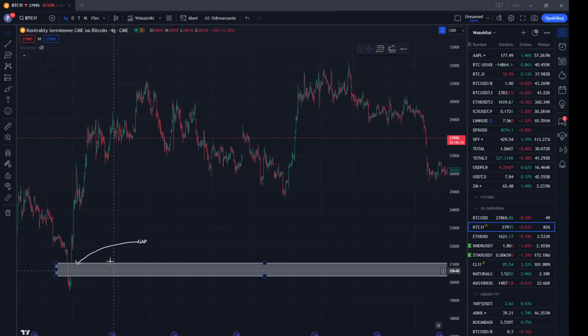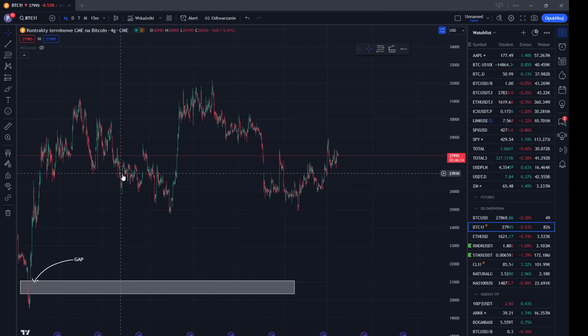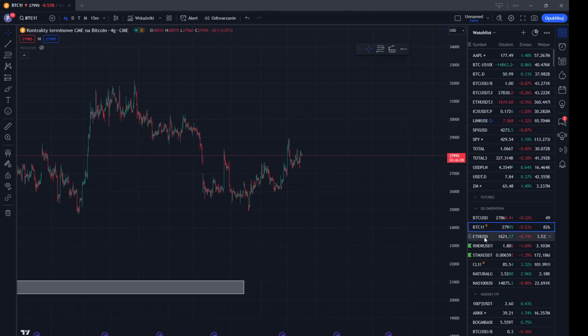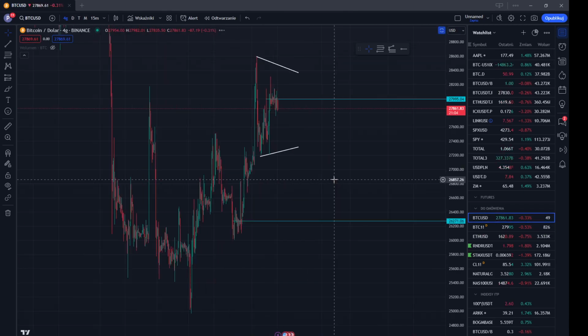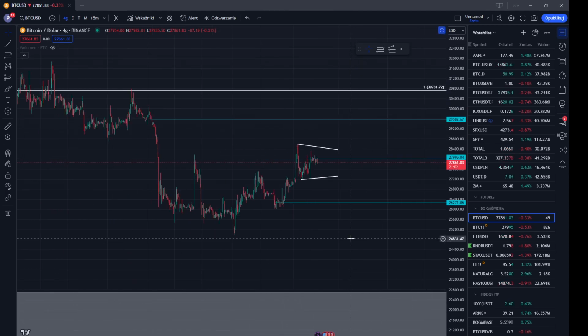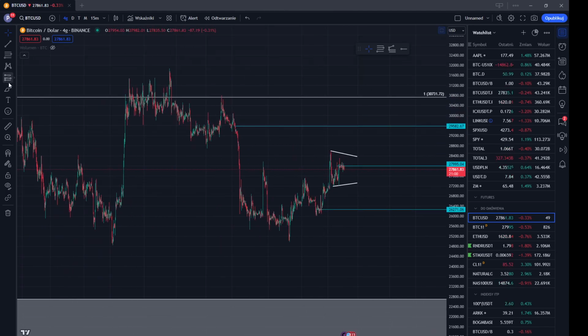There's a gap here that I think the market would want to fill. So until I see what I detect as an impulse up to this level here at least, I'll be looking for shorts.